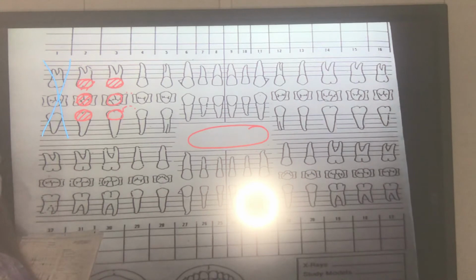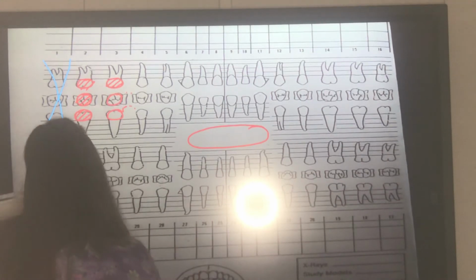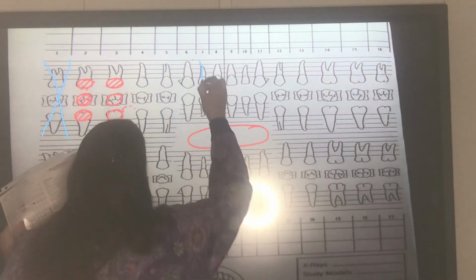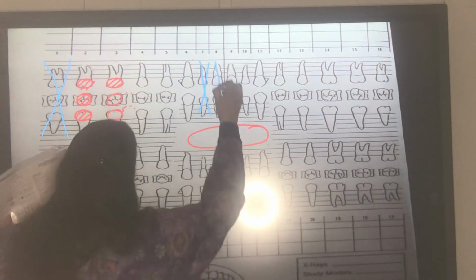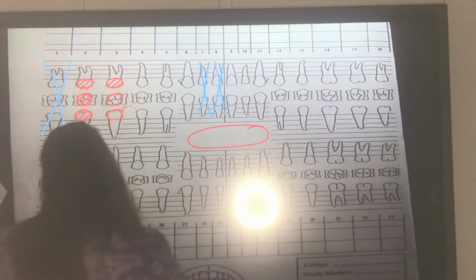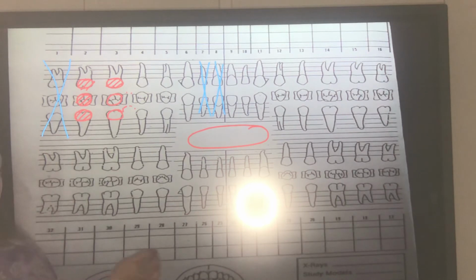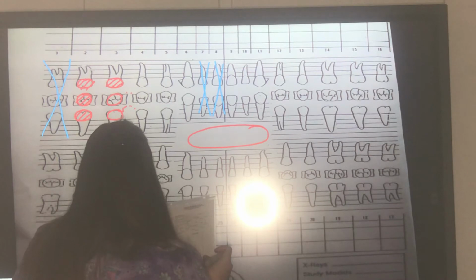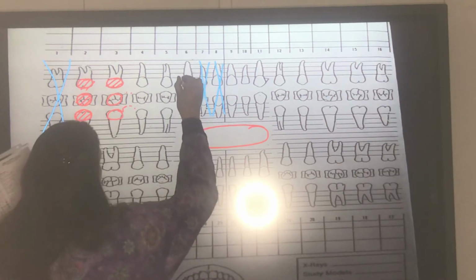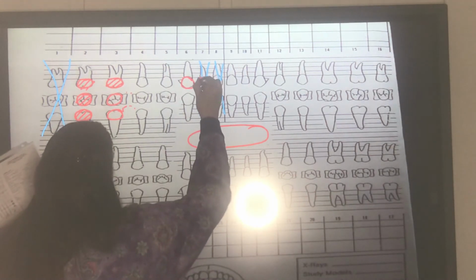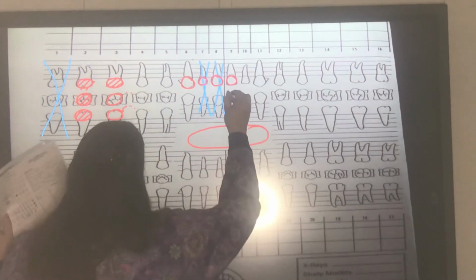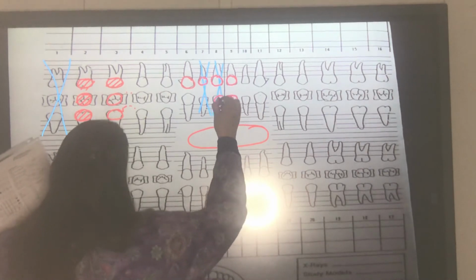Okay, switching over to tooth number 6 through 9. Tooth number 7 and 8 are missing. So you're going to X those out. But it needs a bridge because those teeth are not there from tooth number 6 through 9. So you draw circles around all the crown surface of the teeth that it's doing, even the missing ones.